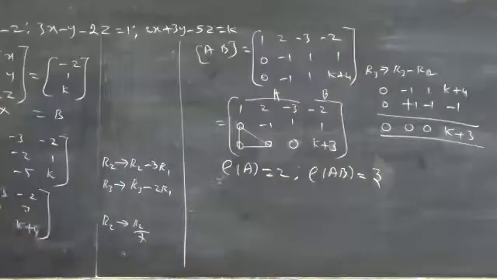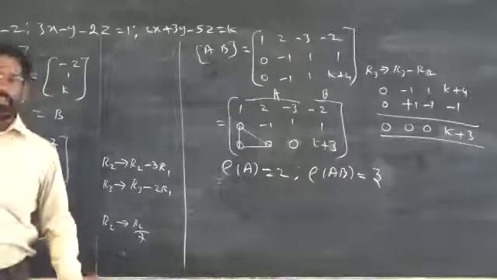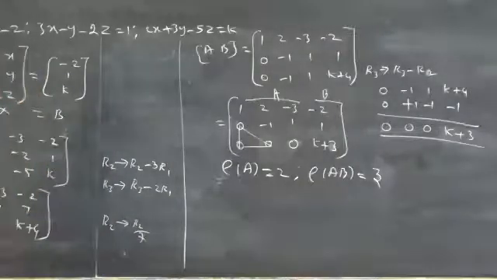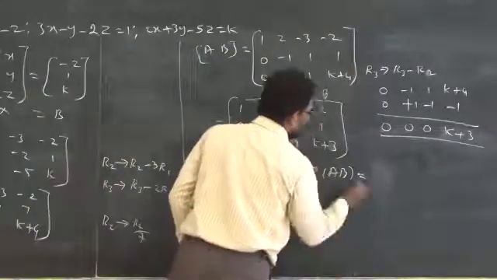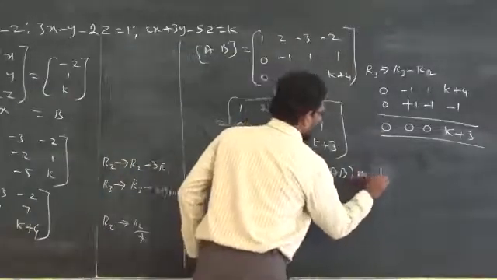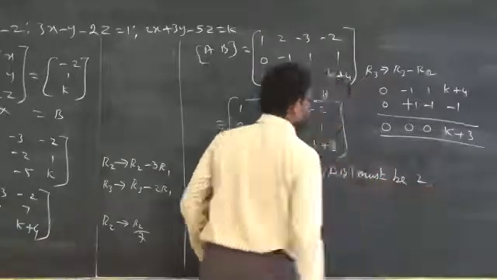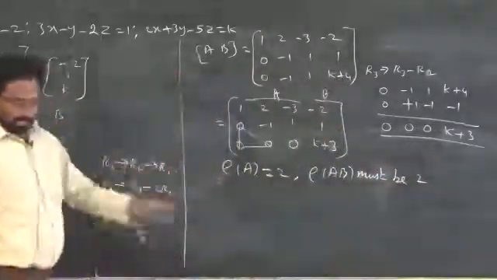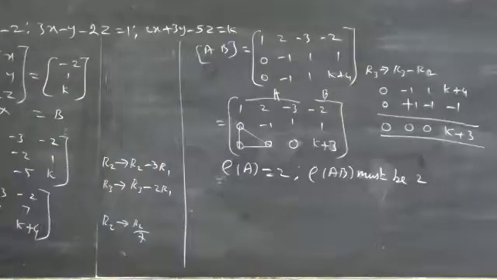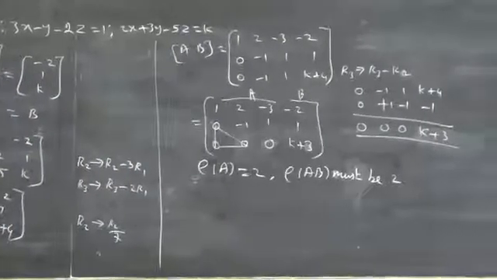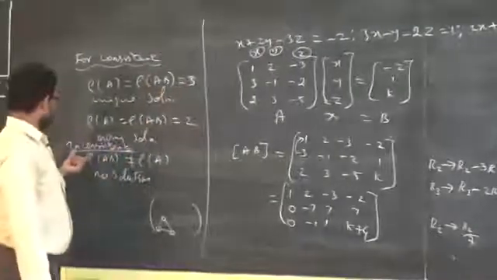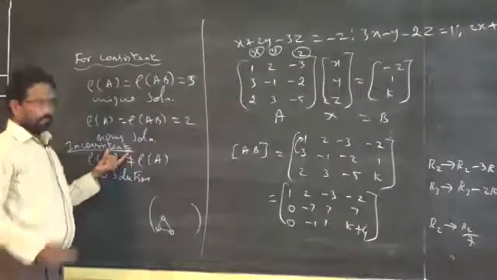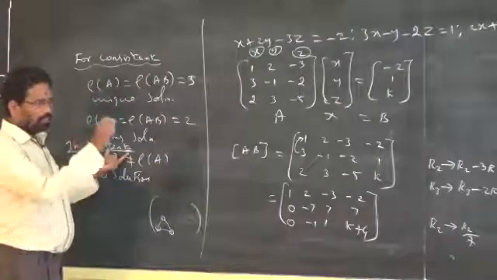But what is given in the question? The question says very clearly that it is consistent. Therefore, rank AB must be 2. If it is other than 2, then the solution for the given equations becomes inconsistent. But the question says very clearly consistent.